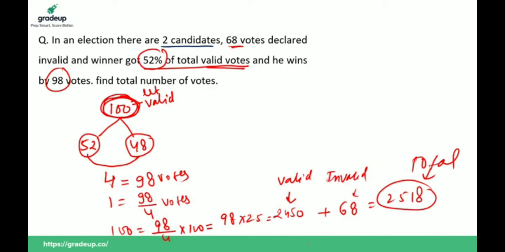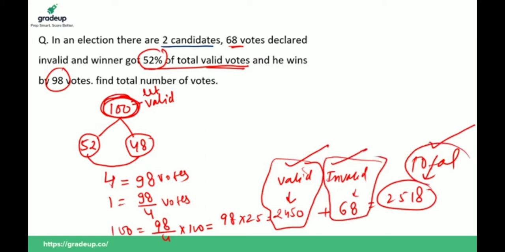Lakshmi Durga, first of all, I find the valid votes, and in order to find the total votes, I have to add invalid votes to the valid votes, then we will get the total votes. All right. Now let's move to the next question.